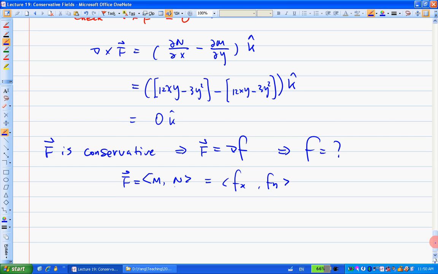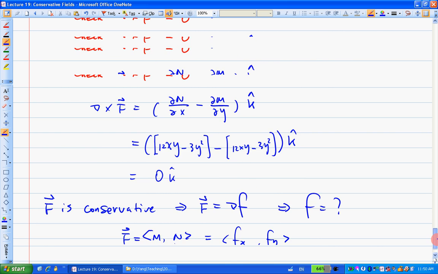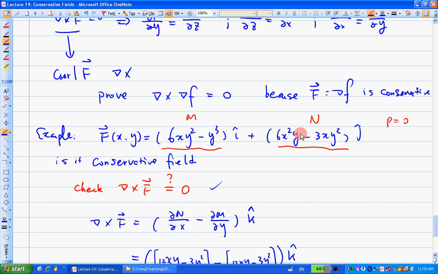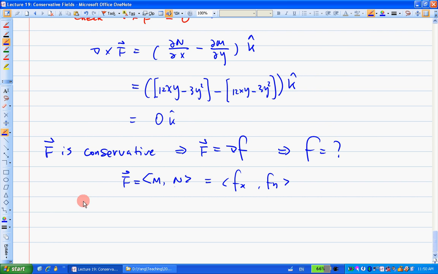So what's my M and N? We know that this is M, this is N. So from this I would get partial f over partial x equals M, and M is 6xy squared minus y cubed.